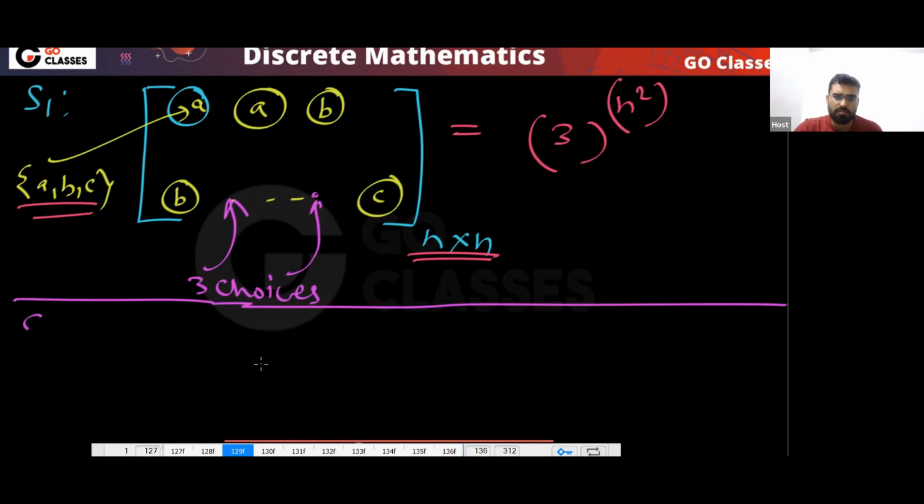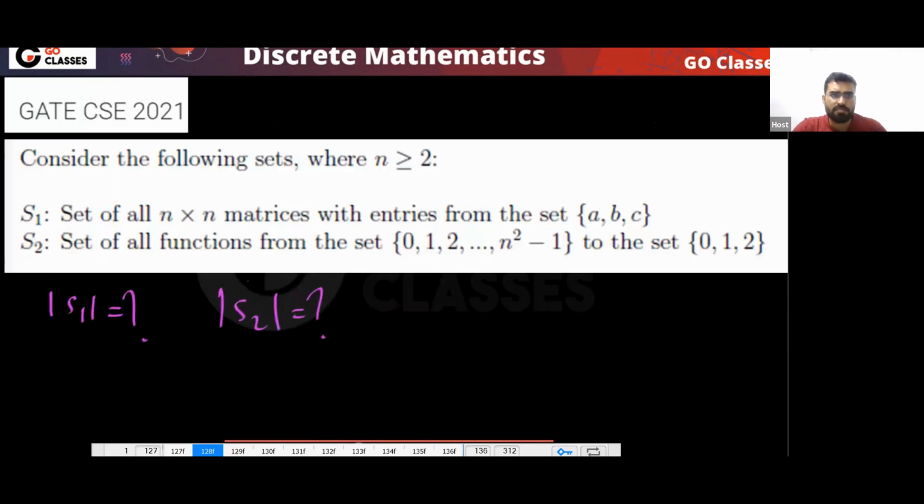Next is S2. How many functions from this set to this set? How many elements do we have in this set? N square. And in this set, how many elements? 3.